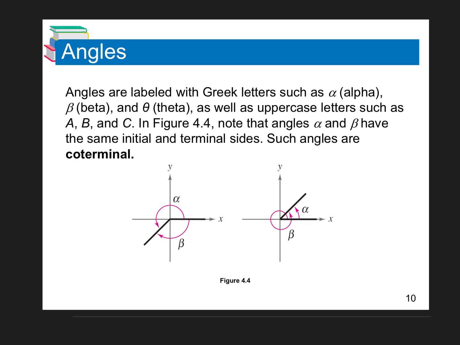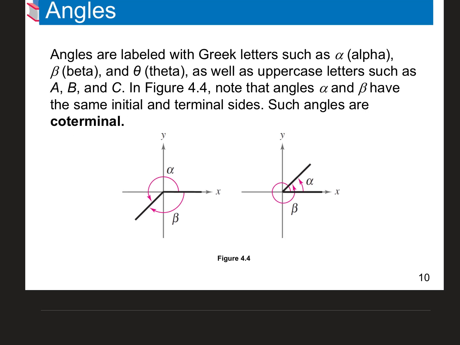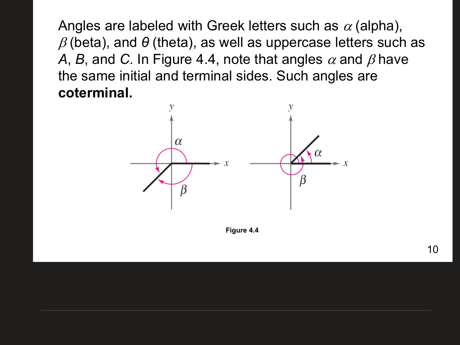Then we have stuff called coterminal angles. All right, coterminal angles. What does that mean? Well, a coterminal angle can be one angle written two different ways. So do you see this angle right here? Do you see this angle here? You could say that if you went in the positive direction, you went up this degree measurement.